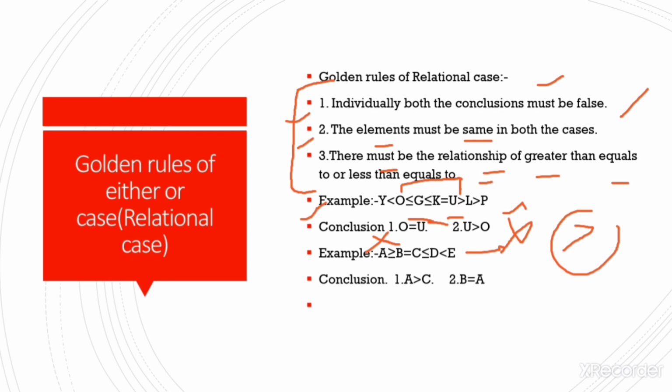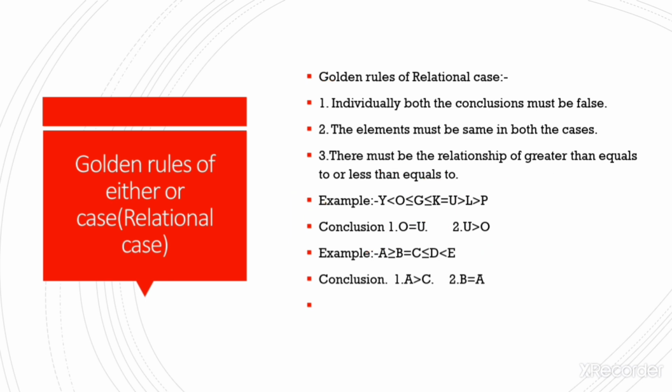Next is that the elements need to be the same. If you look carefully, we have the same elements in options 1 and 2, that is O and U. So the first requirement is completed, and the second requirement of the golden rules to make this either-or case is also completed. The third is that there must be a relationship of greater than or less than or equal to.